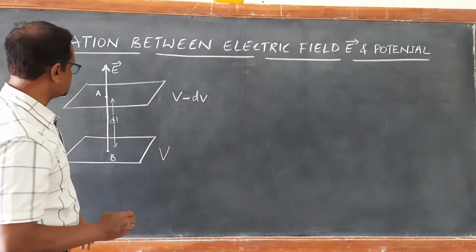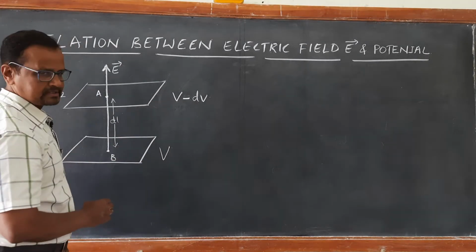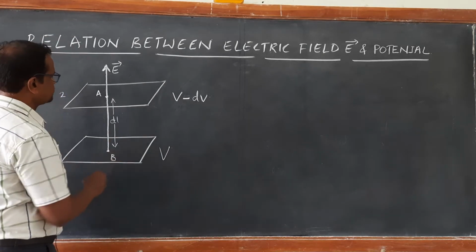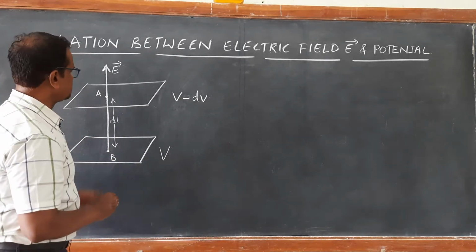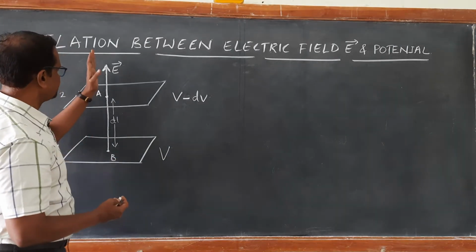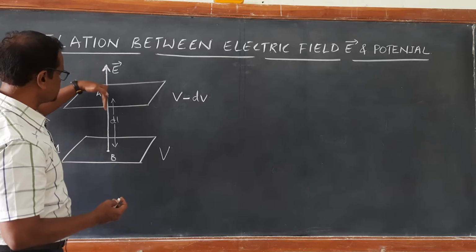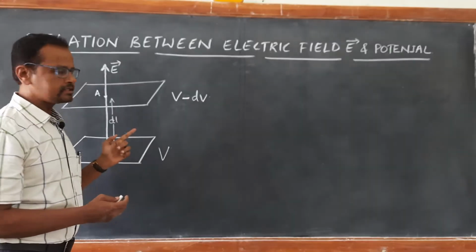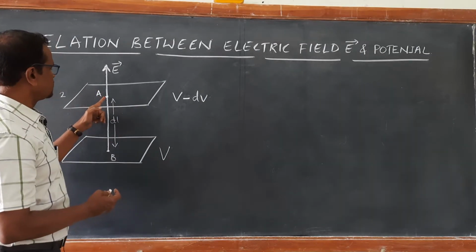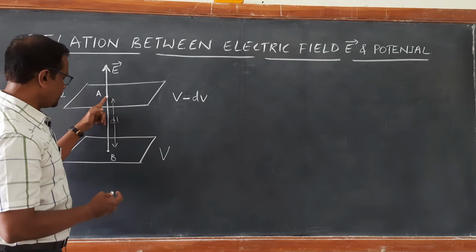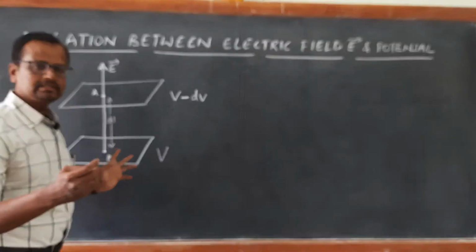Let dl be the distance between these two surfaces. Then work done, how do you calculate? Force into displacement. Force per unit charge is electric field. The electric field is in this direction, so we have to apply force in the opposite direction. We have to calculate the work done per unit charge in moving a test charge from A to B against the electric field.